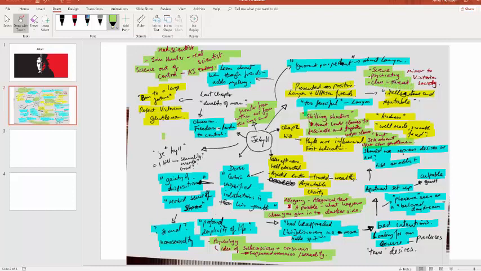And therefore, in a sense, Stevenson is holding up a mirror to Victorian society and saying, look, you are just as capable of evil as anybody else, and you have these desires that Jekyll talks about.